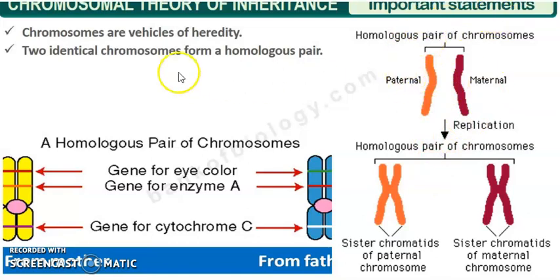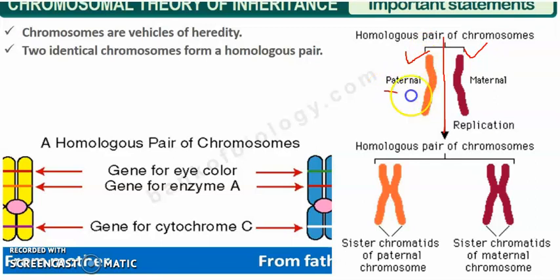We know that chromosomes act as vehicles of heredity, and two identical chromosomes form a homologous pair, right? So we'll see what homologous chromosomes are first. We all know we have 23 pairs of chromosomes, right? In these 23 pairs, half of the set of chromosomes we receive from our mother, and the other half we receive from our father, right?